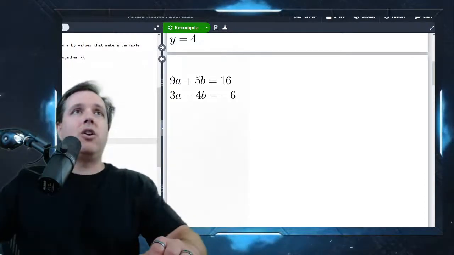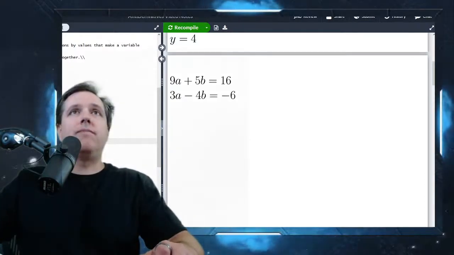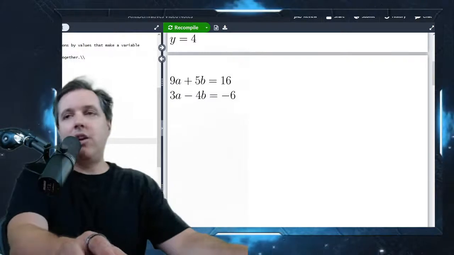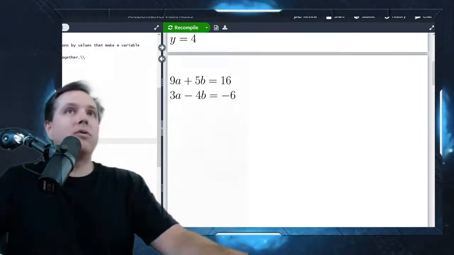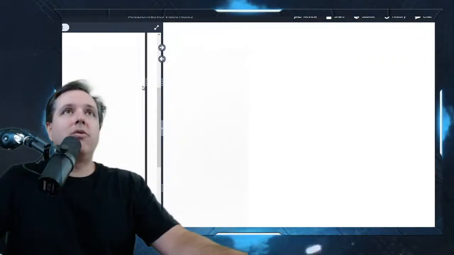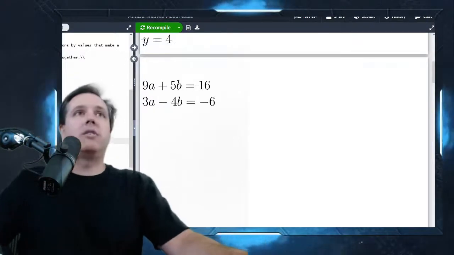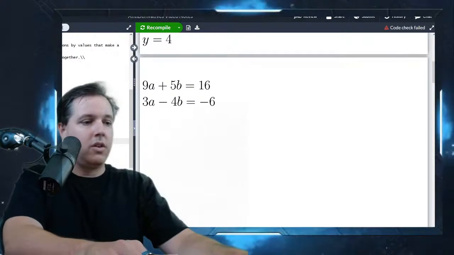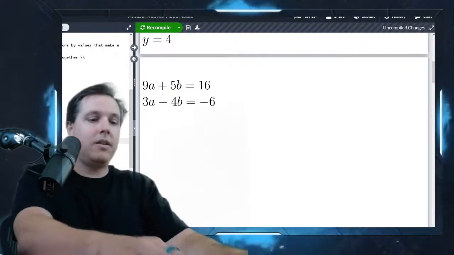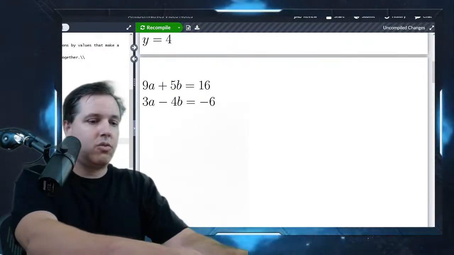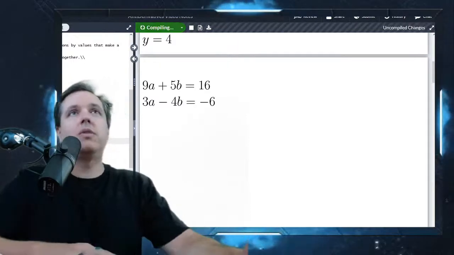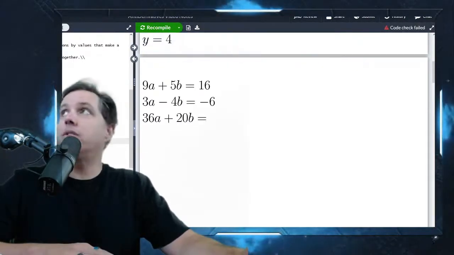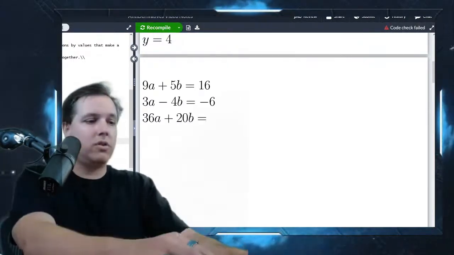Right, so let me make a note here. Let me multiply it, and then I'll see if I can fit a note in afterwards. Let me see how I can format this. So let's see, if I multiply by 4, this will become 36a plus 20b equals, so let's see, 16 times 4 is 64, should be 64.